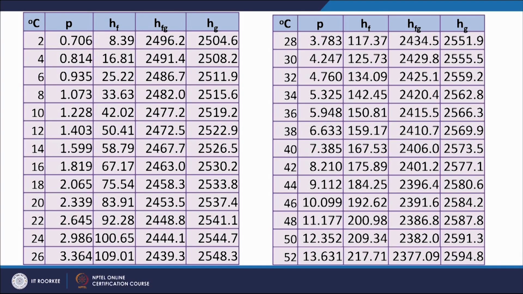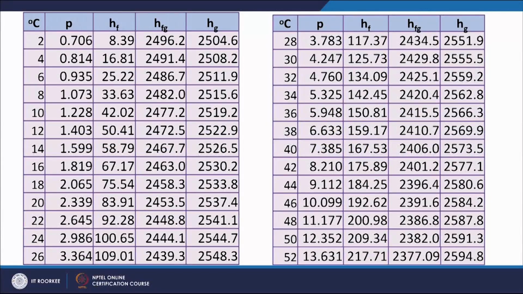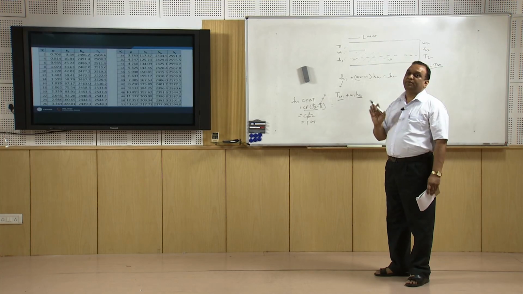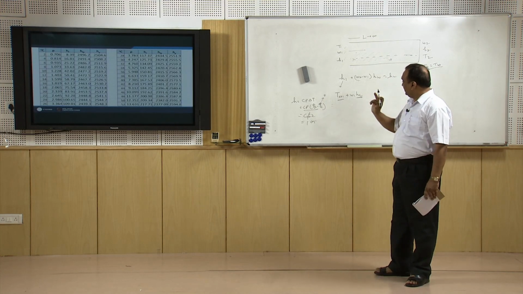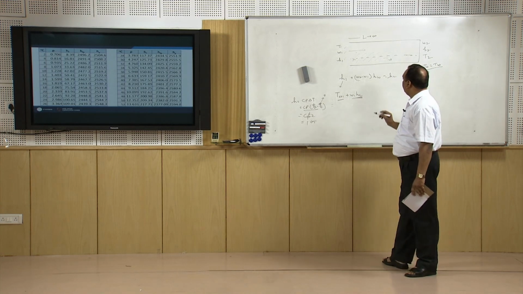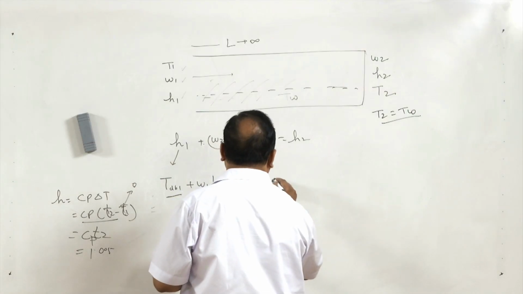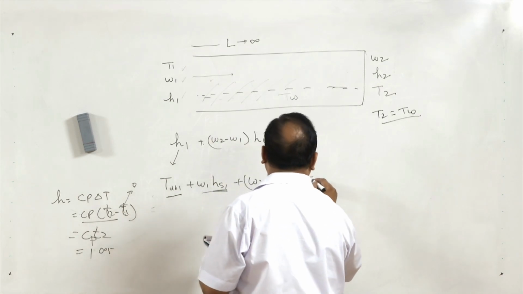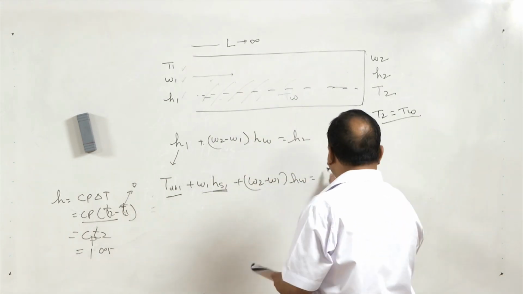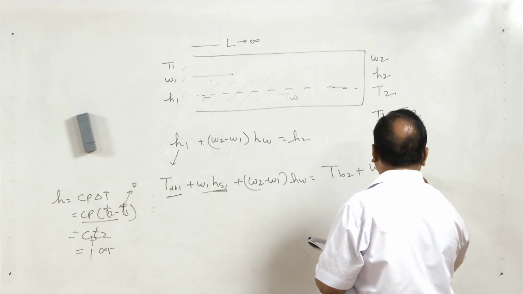If the temperature of incoming air is 40 degree centigrade, the enthalpy of saturated vapor is 2573.5, but in most cases the vapor is superheated. This energy of superheat is also neglected in this expression. Similarly, W2 minus W1, the enthalpy of the water which is added here, is equal to TdB2 plus W2 HS2.